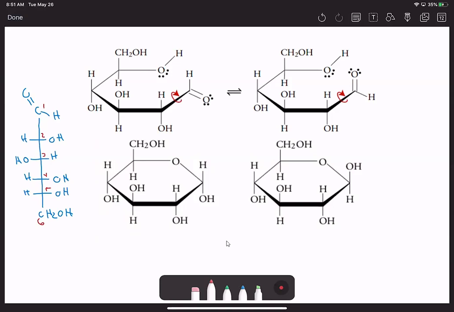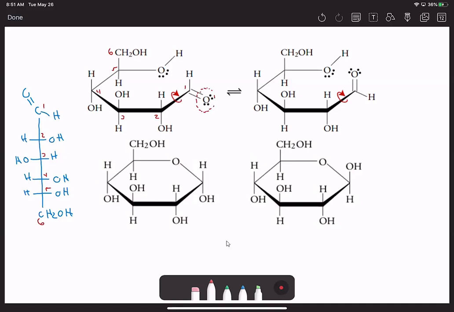These fold up into rings: carbon number 1, 2, 3, 4, 5, and 6. When it closes up, notice the oxygen here.